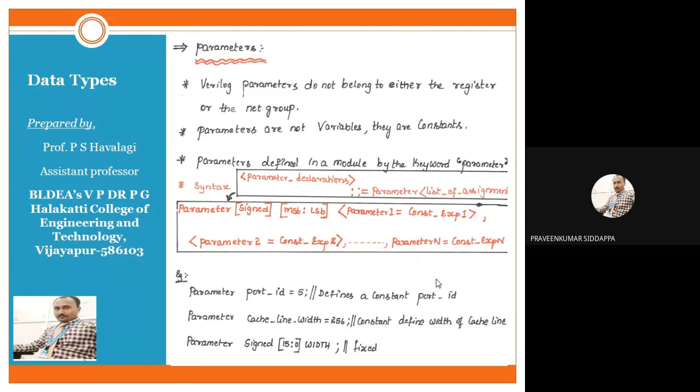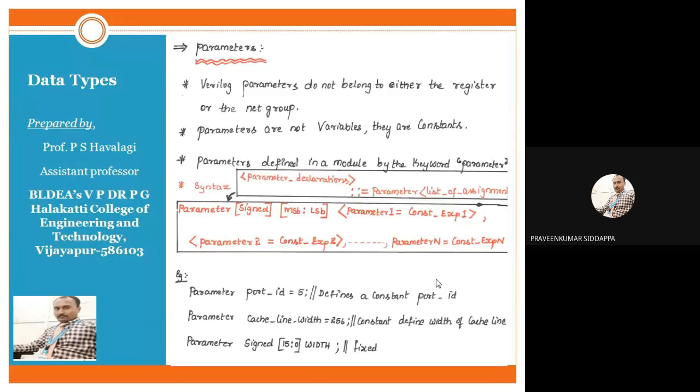How should a parameter be declared? We have a standard syntax that we have to follow. We write it using parameter as a keyword, and then whatever variable we are using, we apply it to that variable. In the example I have shown, a parameter is a constant, and a constant number is provided to that particular variable.